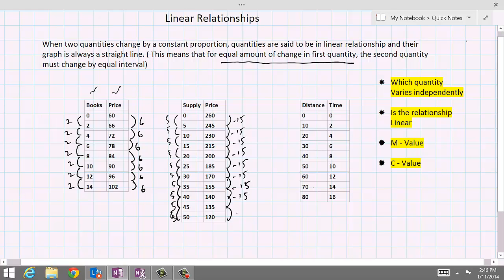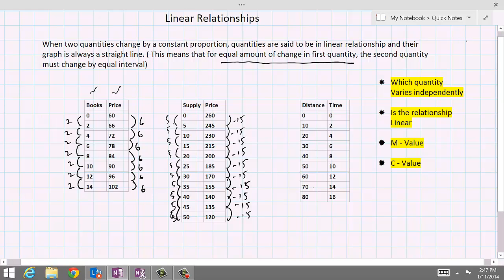So minus 15 and another minus 15. Therefore, we can say with utmost guarantee that supply and price are in a linear relationship, because they follow the definition for two quantities to be in a linear relationship.